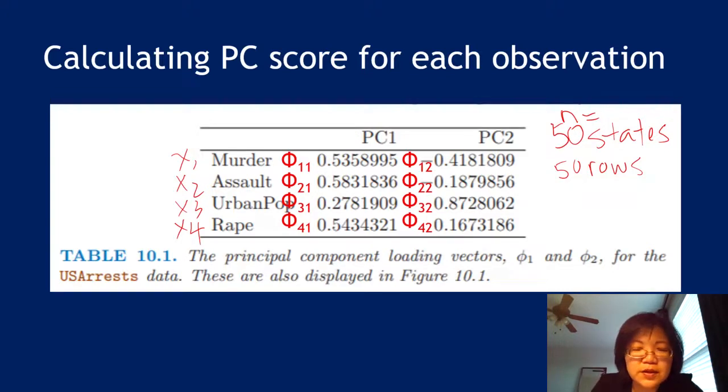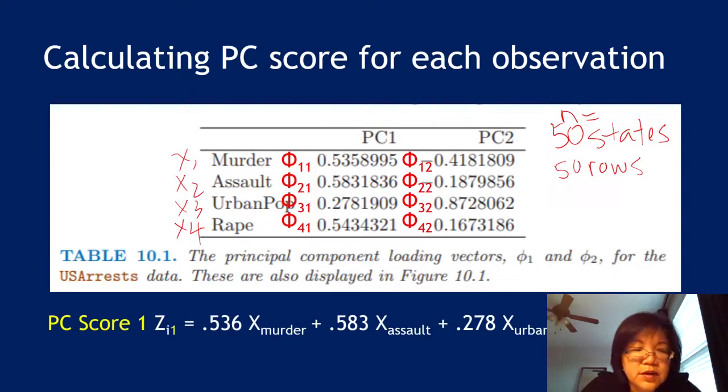Once we have these loadings, we'll be able to construct an equation that will allow us to calculate the PC scores for each of the states. The first principal component score is the loadings times the x values. When you put these together, you can actually get a score for each of the states.